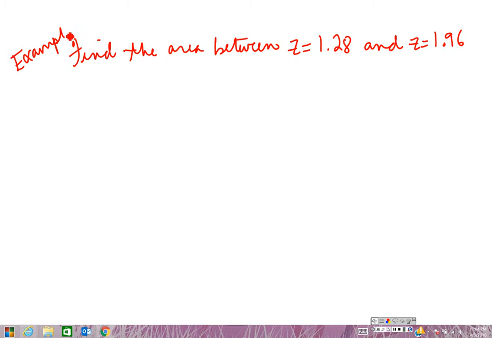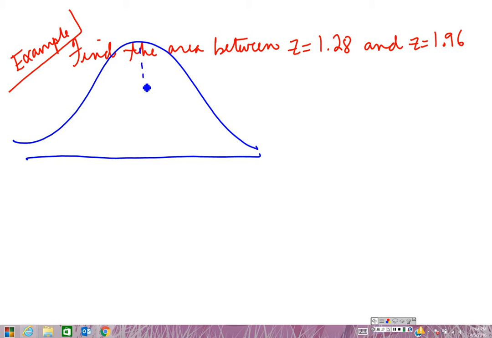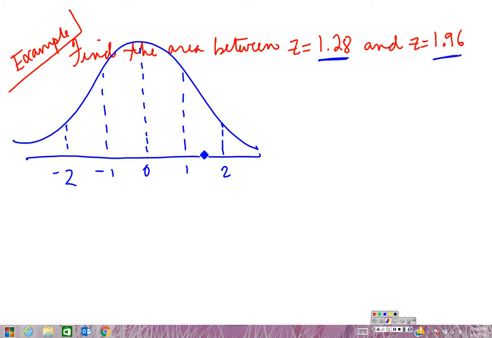So again, we have an example. Always draw a picture and shade. So I'm going to draw my bell curve. Again, that's 0, 1, 2. We have -1, -2. That's good enough since we're dealing with 1.28 and 1.96. Let's say 1.28 is about here, and 1.96, let's say it's right here.